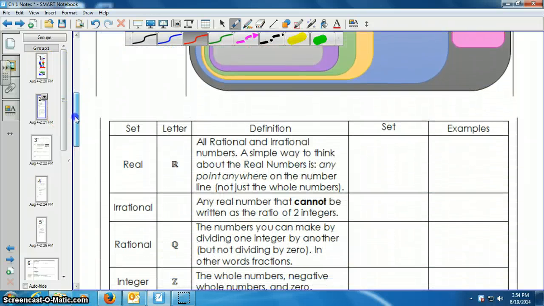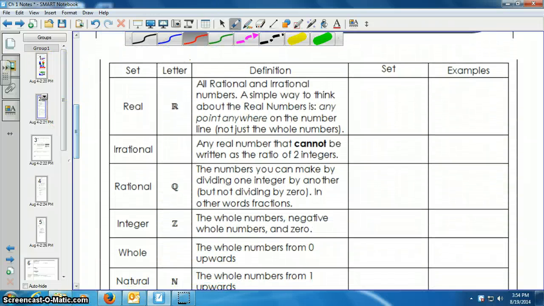So let's go ahead and look at what each of these sets involves, and we kind of talked about it above. Real, most of the numbers we're going to deal with in the beginning here are real, so they're going to include all of those sets: irrational, rational, integer, whole, and natural. So all the ones below here.